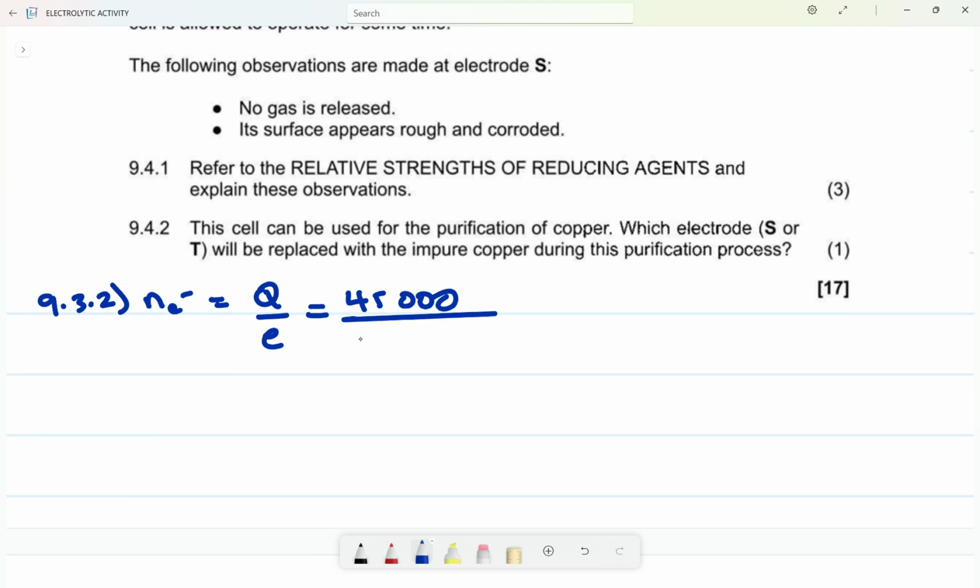And one electron has a charge of 1.6 times 10 to the power of negative 19. The number of electrons that we get is something like 2.8125 times 10 to the power of 23. These are the electrons.